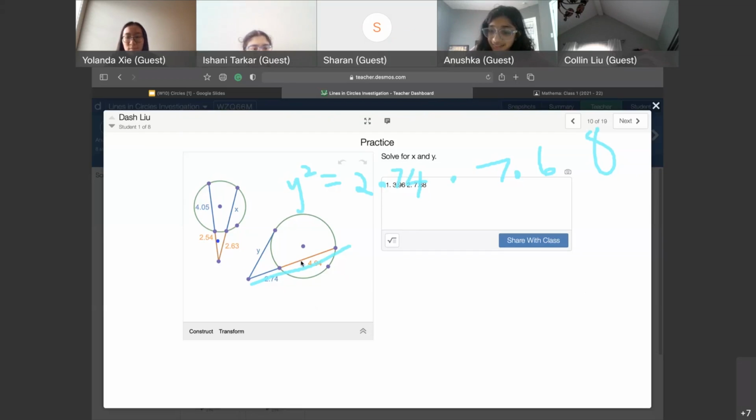Wait, isn't it 2.74, not 2.64? Yeah, it is. I wrote 2.74. I think you said 2.64, not 2.74. No, because we're adding 2.74 and 4.94. 2.74 plus 4.94 is equal to 7.68, right?